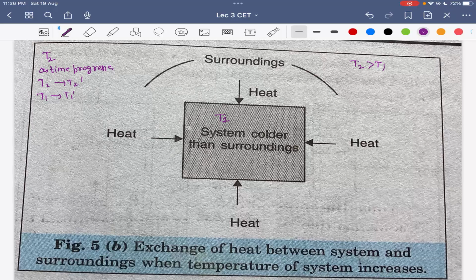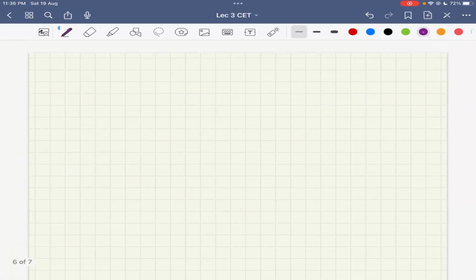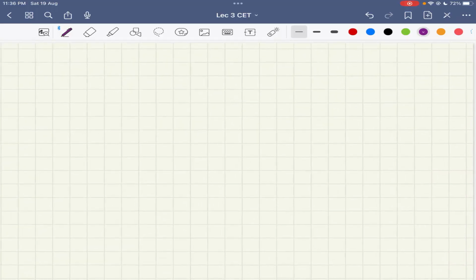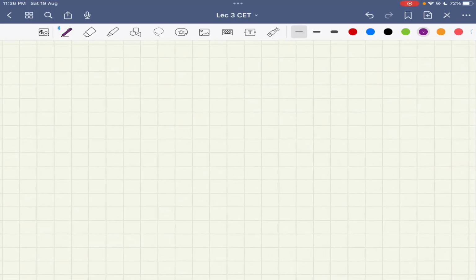But because T2 is greater than T1, what we are going to observe is heat is going to flow into the system from all directions uniformly, right? And this is going to continue till T2 dash becomes equal to T1 dash, right? Okay. And this exchange of energy in this form is called as heat, right?